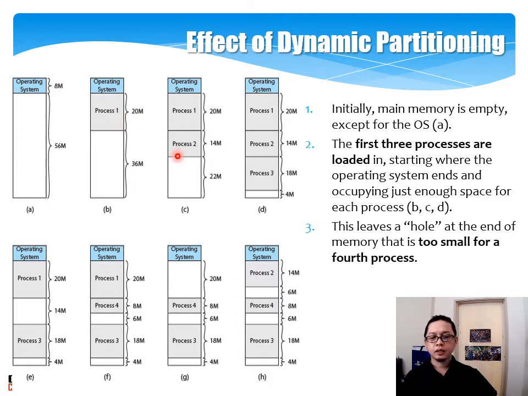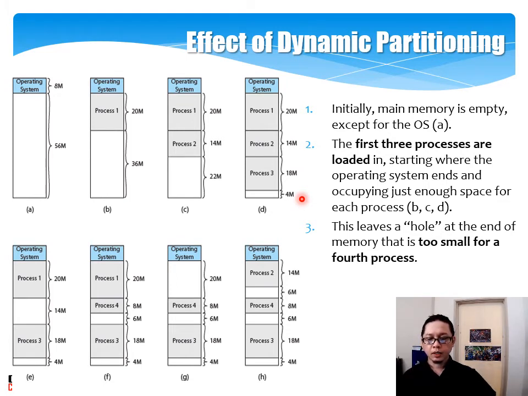And then secondly, process 2 comes in with a request of 14 megabytes of memory. Again, because we have an available slot, process 2 can use a 14 megabyte block of memory. And then the third, process 3, needs 18 megabytes of memory. And then we are left with 14 megabytes of space in the main memory.